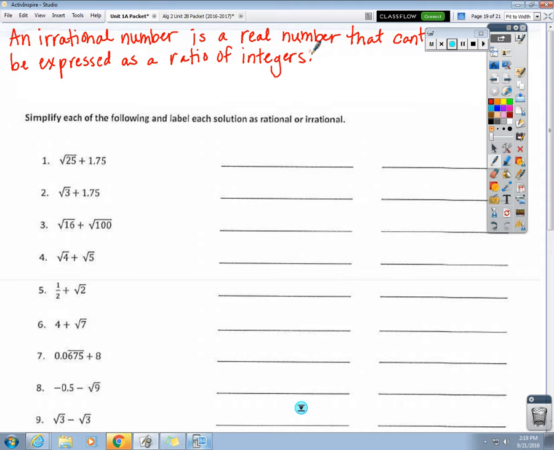Okay, what does that mean, a ratio of integers? What's that, just a fancy way of saying what? Fraction. Okay, so far we know that an irrational number is a real number that can't be written as a fraction.